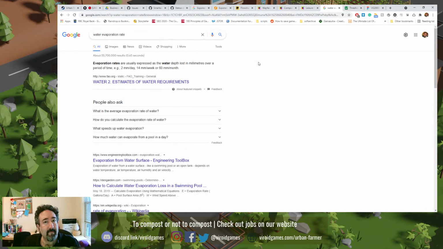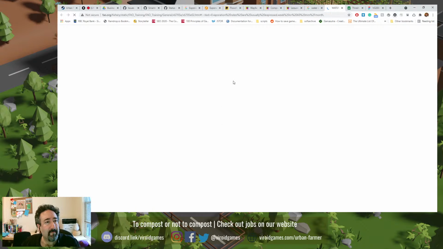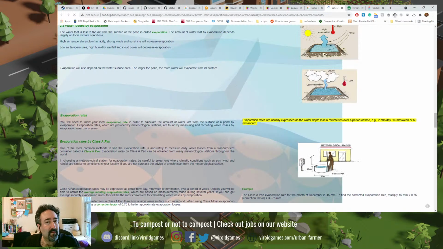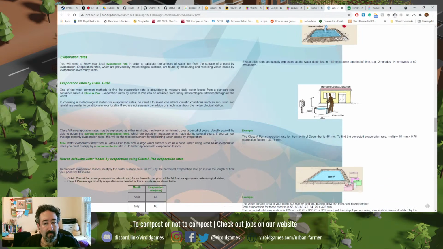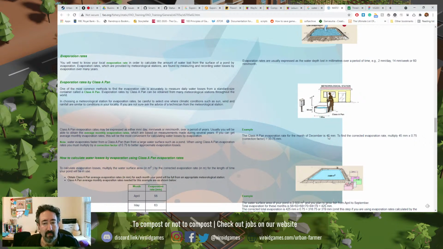So, see, evaporation rates are usually over 316. Something fishy about this. Where is the page? Because the time of the year and whatever.